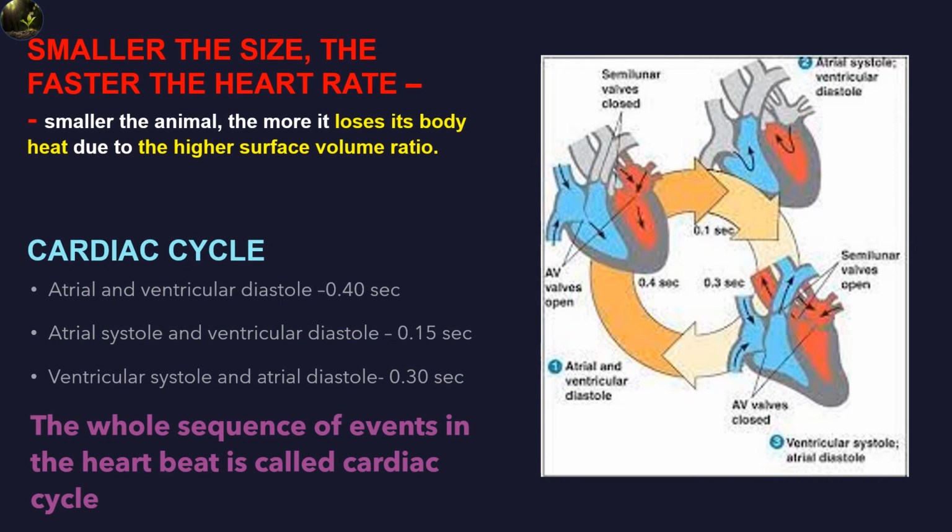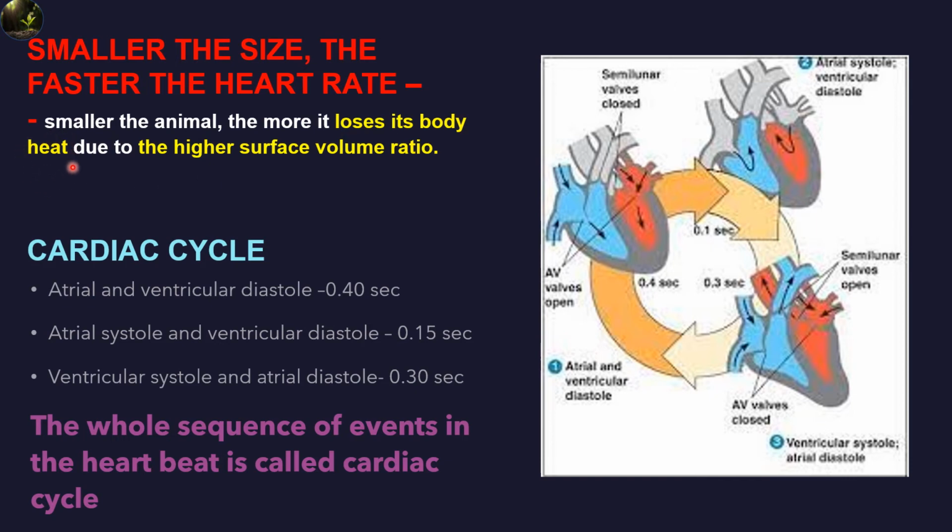Smaller the size, the faster the heart rate. Why? In small animals, the heartbeat rate will be more. In infants also, compared to adult human beings, the heartbeat rate is more. Why is it like this? Because the smaller the animal, the more it loses its body heat.